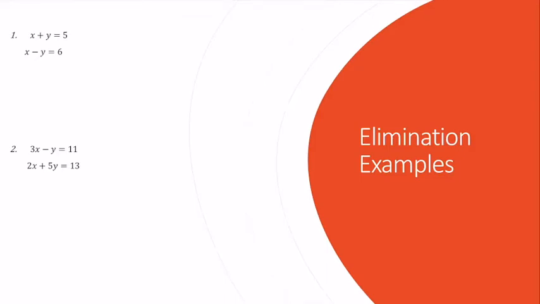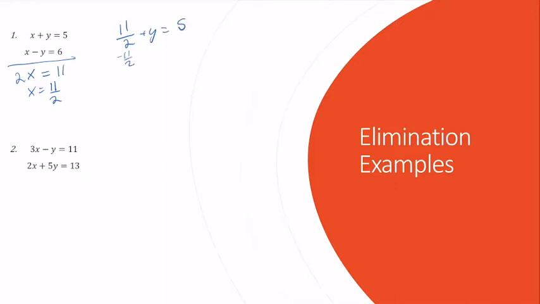So let's work through a couple of examples. I have x plus y equals 5 and x minus y equals 6. I'm going to add these two together. So I get that 2x equals 11, so x equals 11 halves. I then substitute this back into either of my equations, so let's take 11 halves plus y equals 5.